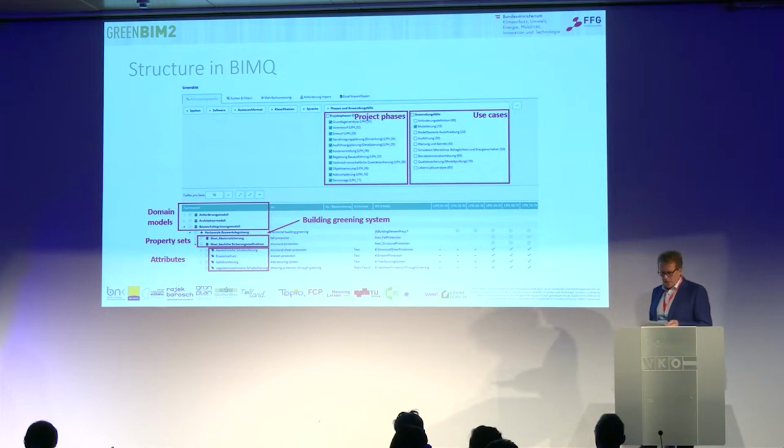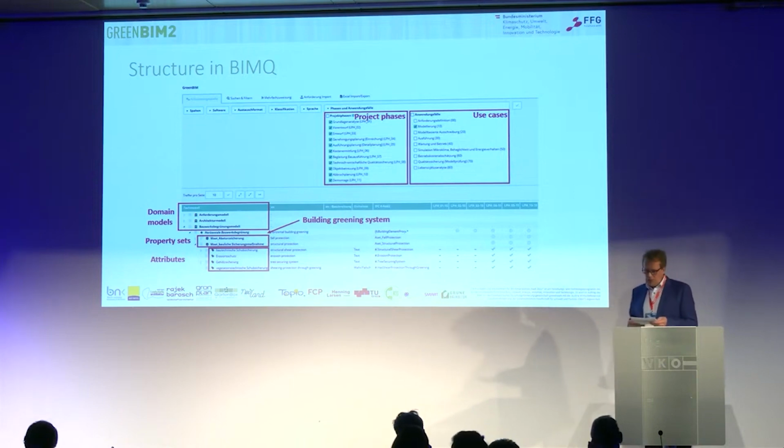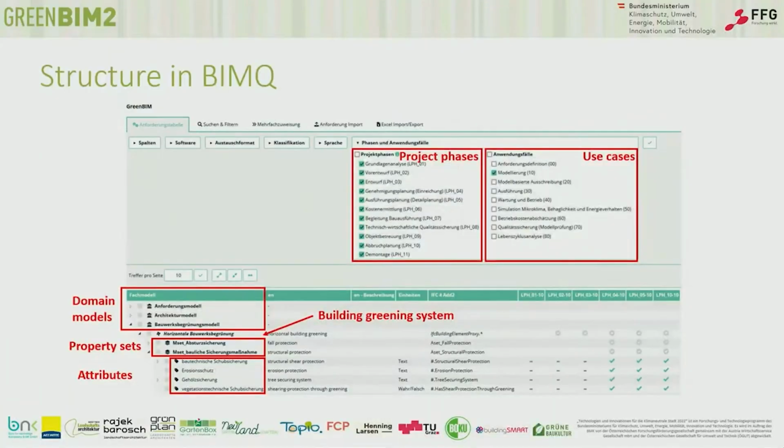And this is how the structure looks like in BIM-Q and how it can be used by stakeholders of the construction industry or landscape architects, for example. Here the right domain model, a building greening system, can be chosen, and the property sets contain the attributes depending on the domain model, use case, and the project phases. The project phases are on the right side there, and the use cases can be filtered here also.